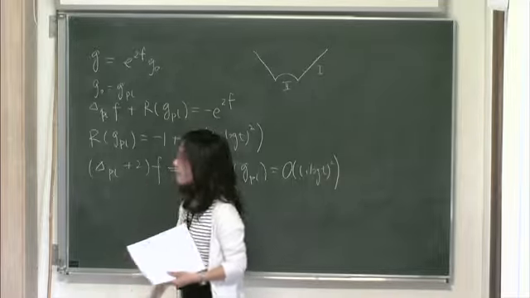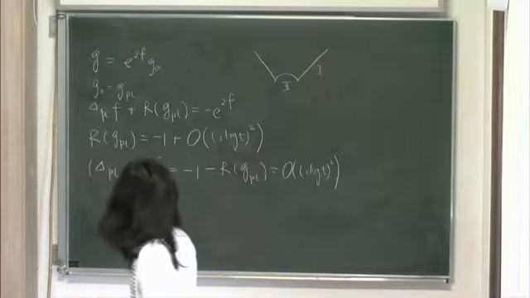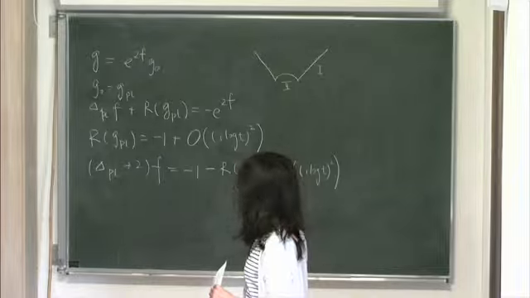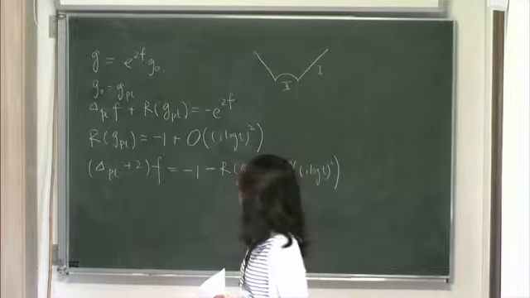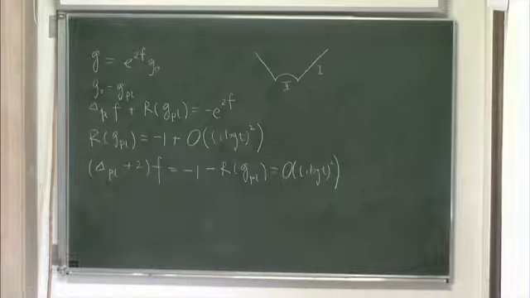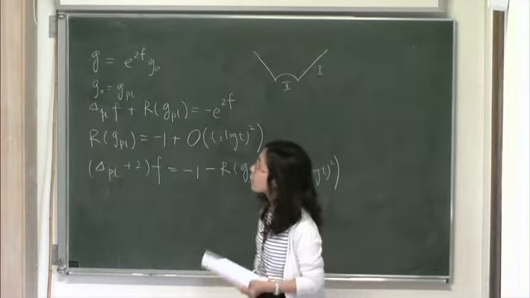As we see, this Laplacian plus 2 operator comes out, which also appeared yesterday. We want to solve for this conformal factor with an error term that's log t squared. So as I said, we want to solve this linearized equation.